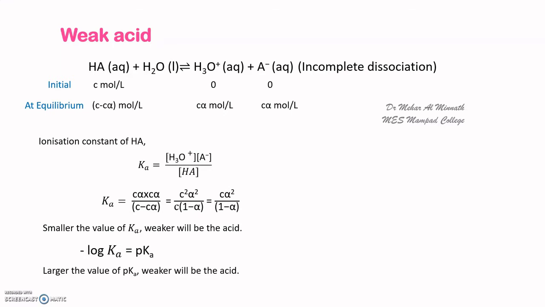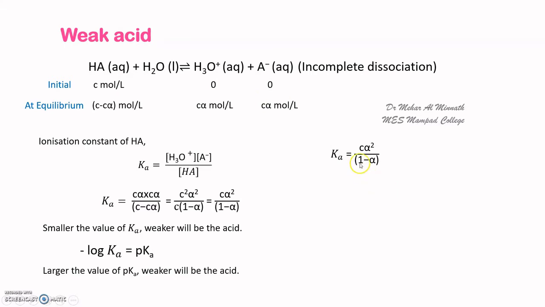Now we can even simplify this equation for Ka. We have Ka equal to C alpha square divided by 1 minus alpha. For a weak acid, since it is incompletely ionized, alpha, the degree of ionization, will be very much less than 1.